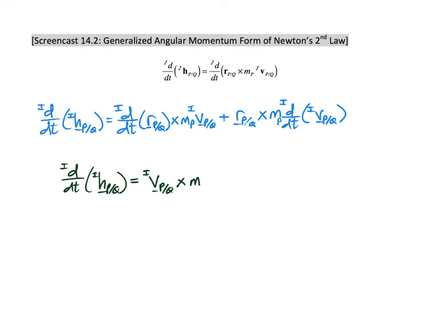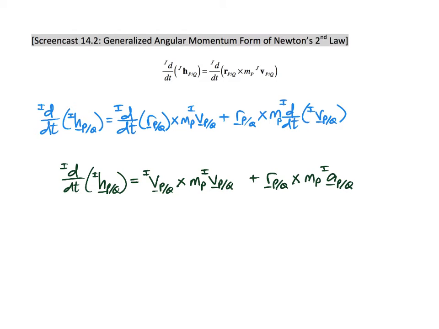Keep the cross product, so cross the mass of p multiplied times the velocity of p with respect to q as observed in the inertial reference frame. Continuing to the second term, we keep our position of p with respect to q, cross with our mass, and now the time derivative of the velocity of p with respect to q gives us the acceleration of p with respect to q as observed in the inertial reference frame.